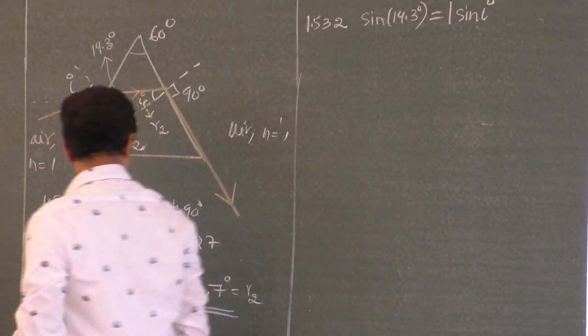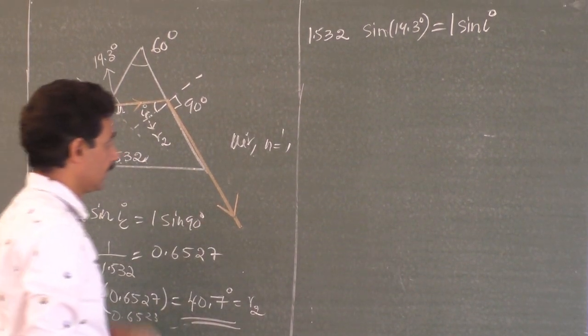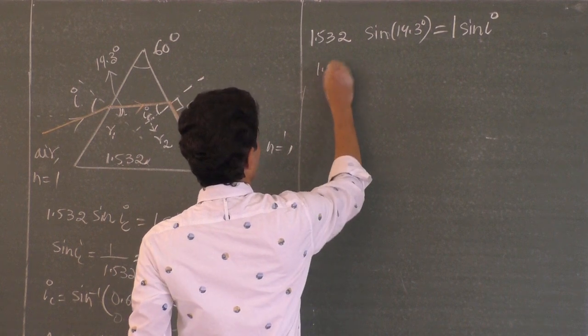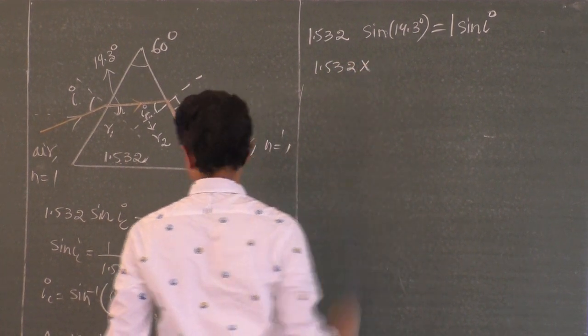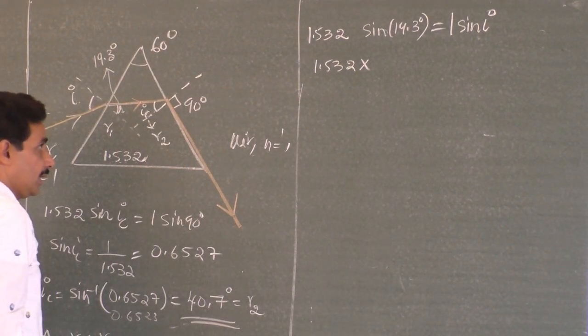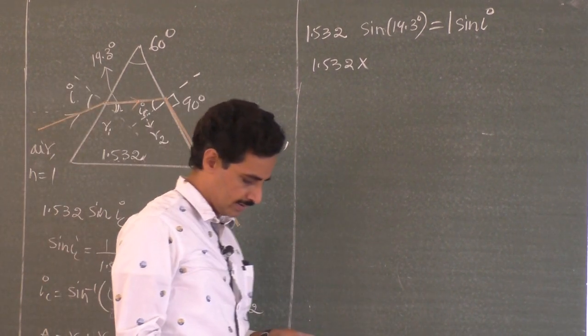Now we have not found sin 19.3 degrees, so we have to calculate it. 1.532 into, what is sin 19.3 degrees? Again I have to go to the natural sines.